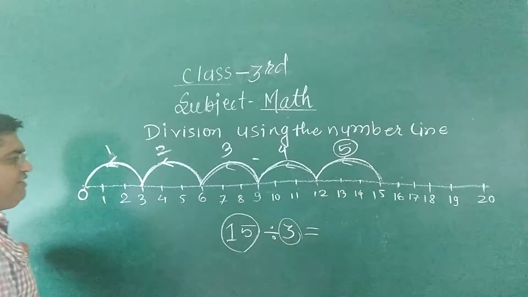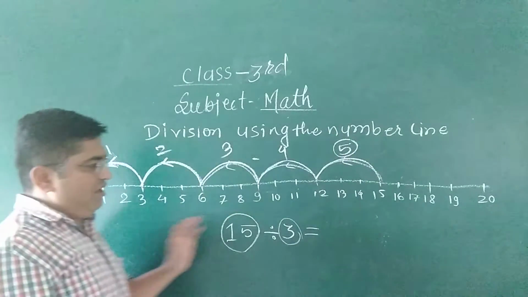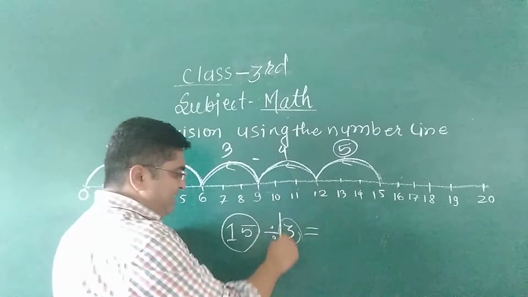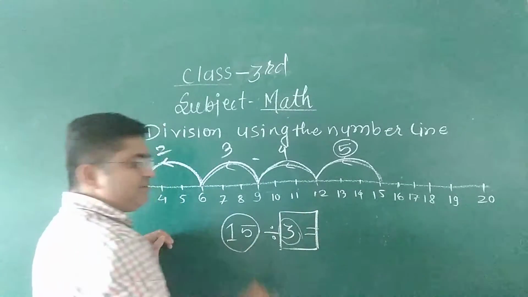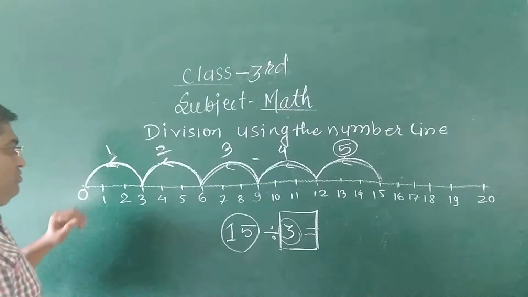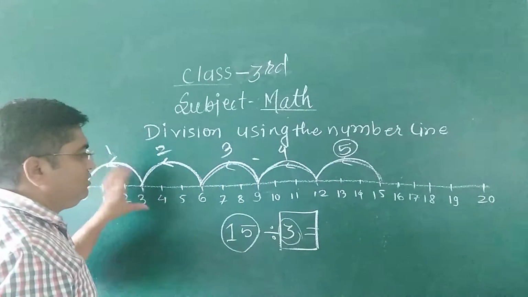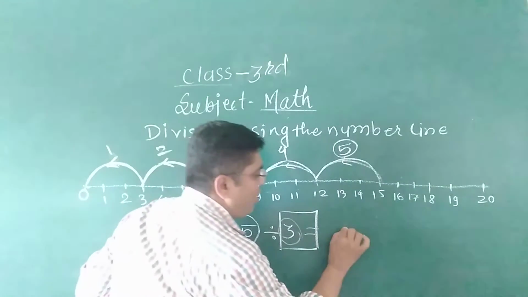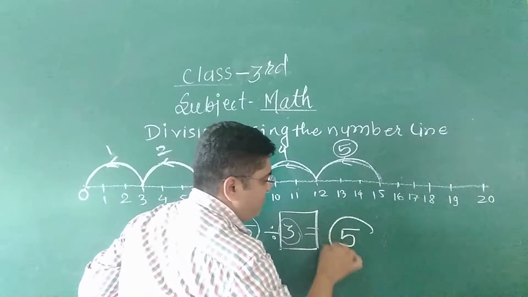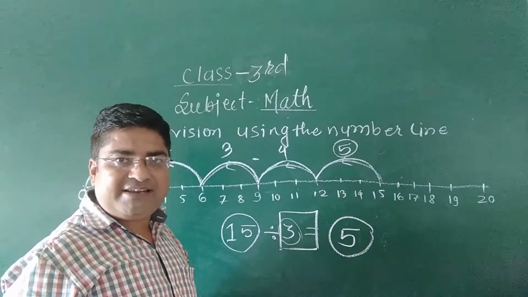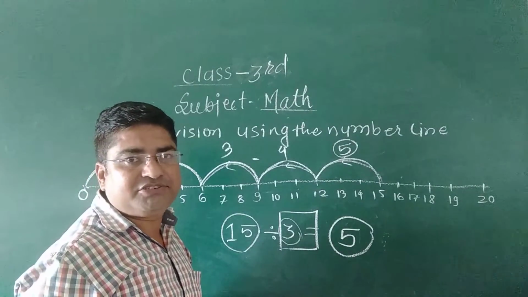How many loops have we drawn up to 15 using intervals of 3? Because we are dividing 15 by 3: 1, 2, 3, 4 and 5. So what is our answer? 5. Is it clear? Does anybody have doubts?